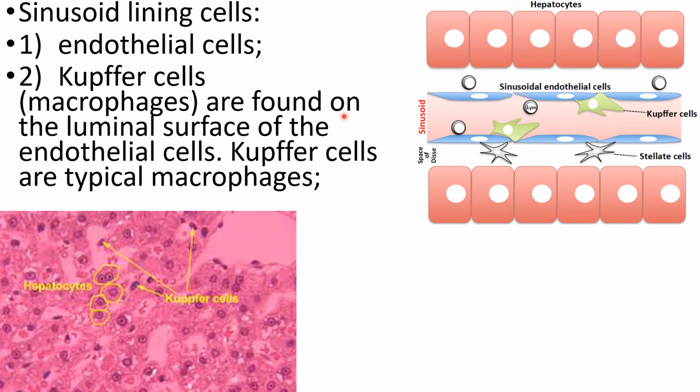These are found on the luminal surface of the endothelial cells, and these are typical macrophages. I hope you know the function of a macrophage is to engulf the pathogens that enter the system. Hence, the Kupffer cells are the cells of the immune system.